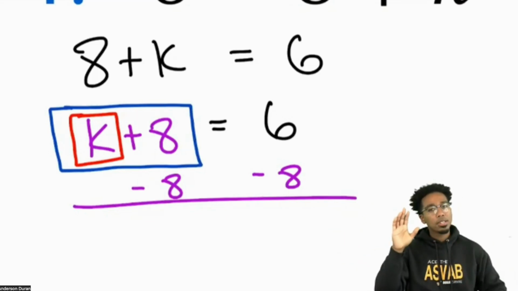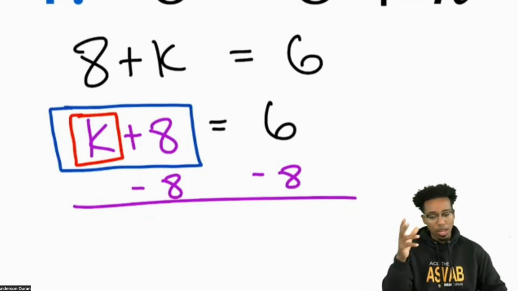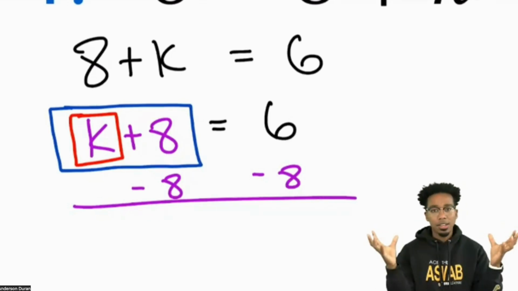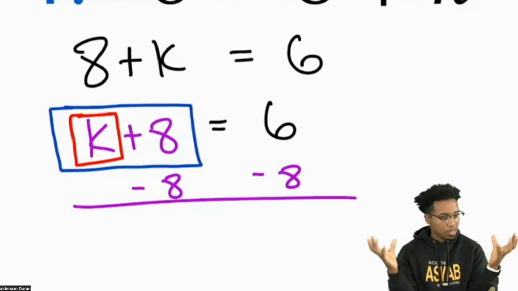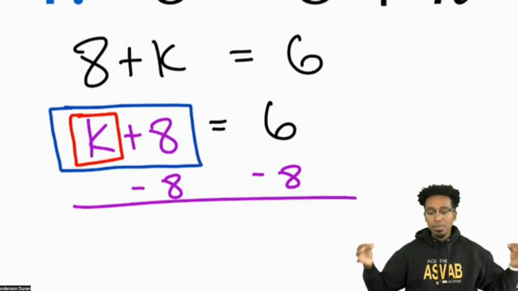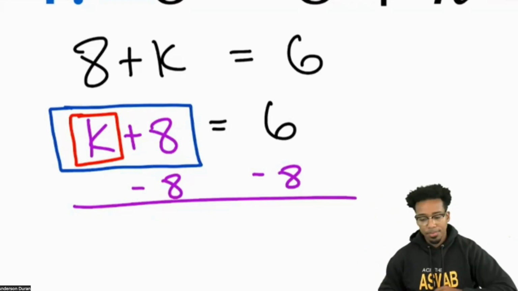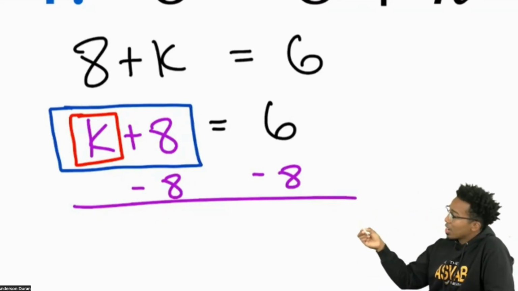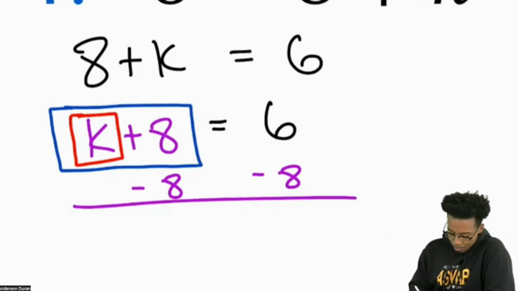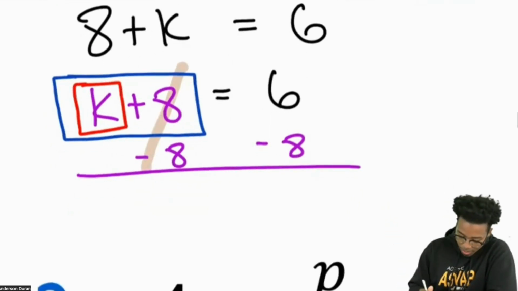Yes or no, everybody? Does that make slightly to a lot of sense? This side equals this side. And whatever I do to this side, I do to the other to keep that balance. And that's why here, if I'm subtracting 8 on the left side, I have to subtract 8 on the right side, because it'll cancel out over here, giving us the k by itself that we wanted.